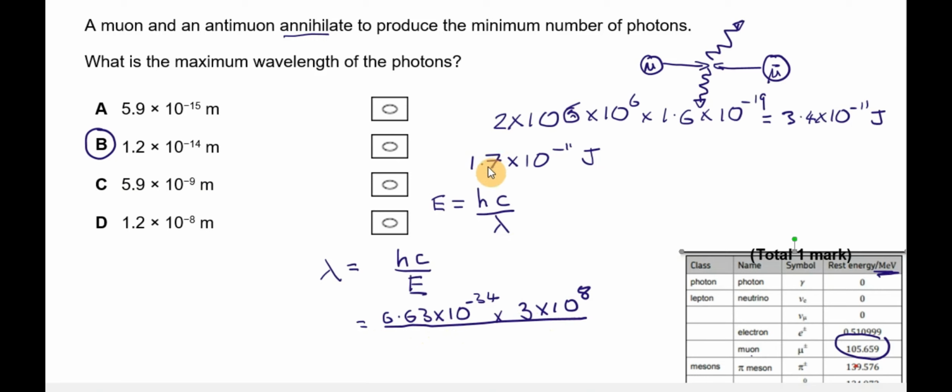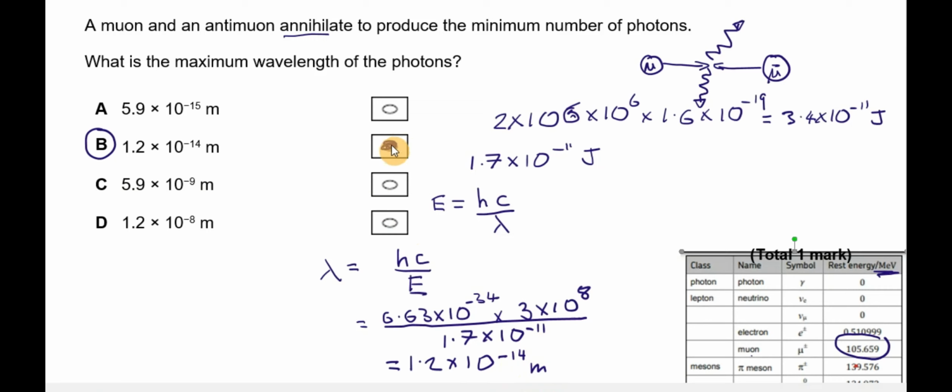And we're going to divide that by the energy for each photon, which is 1.7 times 10 to the minus 11 joules. And that's going to give us a wavelength of 1.2 times 10 to the minus 14 meters.